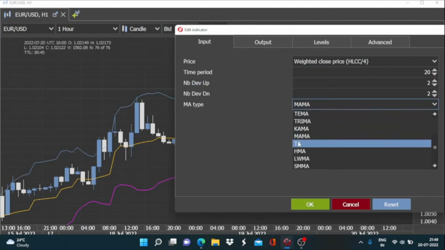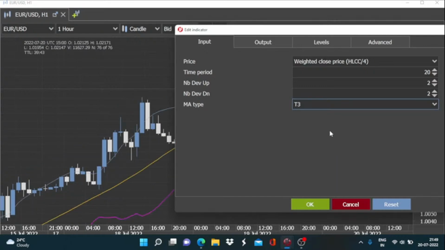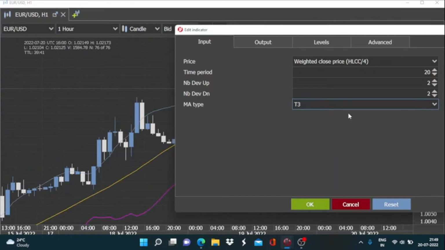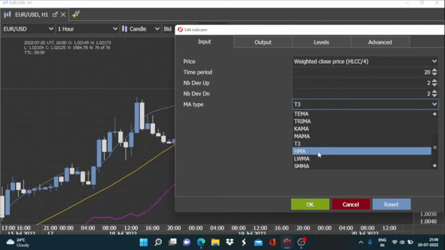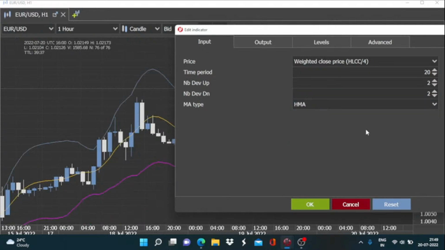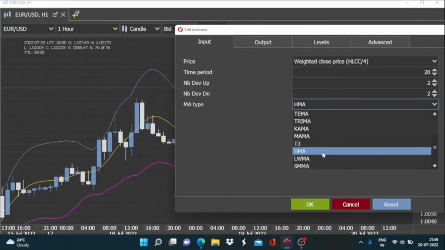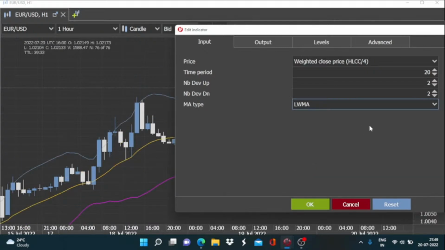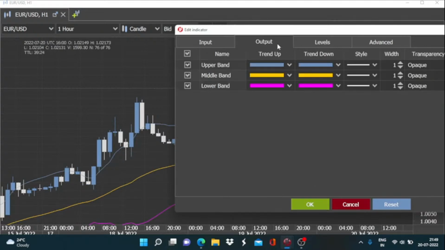It is not a straight smooth line. Coming to T3, you have a lot more smoothing and a simple straight line drawn. This is the HMA, Hull moving average. This is LWMA, this is SMMA. So all these options are there. You can try them out, and whatever serves your purpose, that should be the option you stick with.